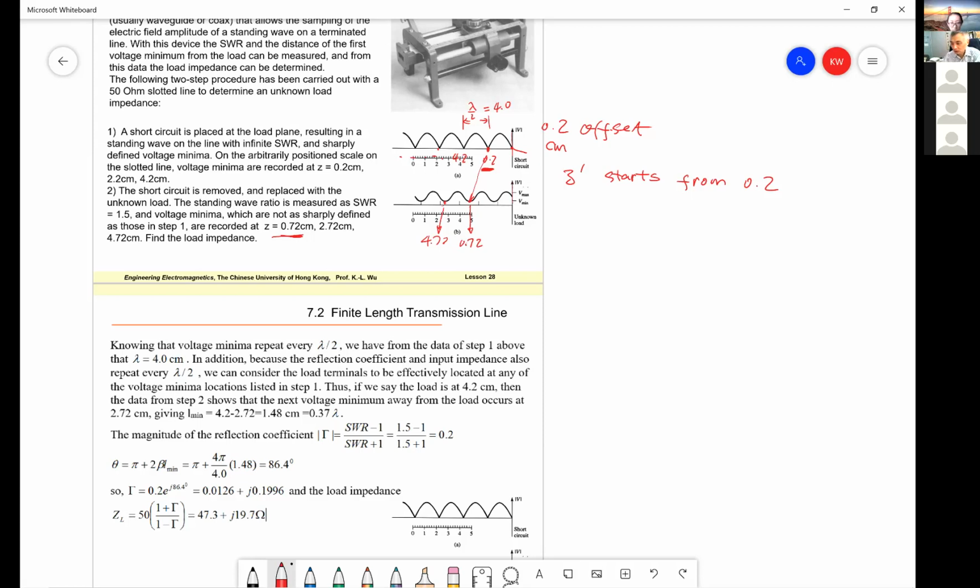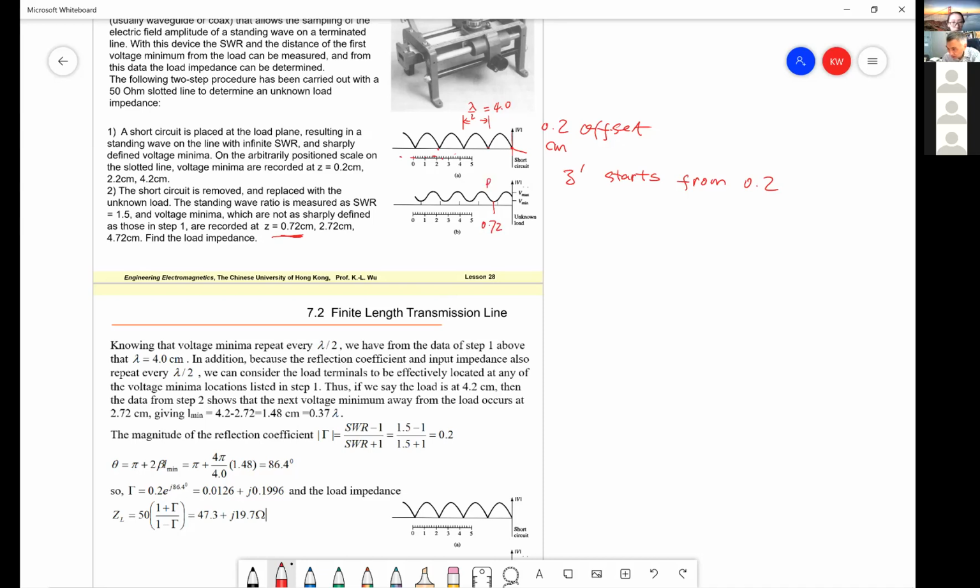Then the question is, if we measure this 0.72, it is not necessarily the first minimum, but maybe if we take it as the first minimum, it is easier to describe, right?